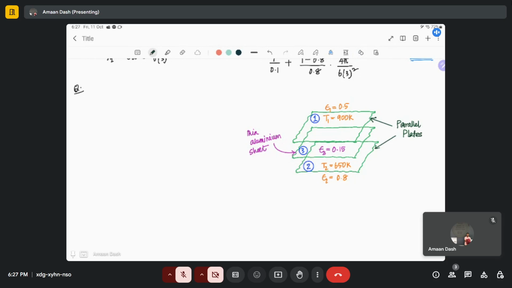So a thin aluminum sheet, this is a thin aluminum sheet, and it is placed between two very large parallel plates, and these parallel plates are maintained at different conditions, that are, let me write.